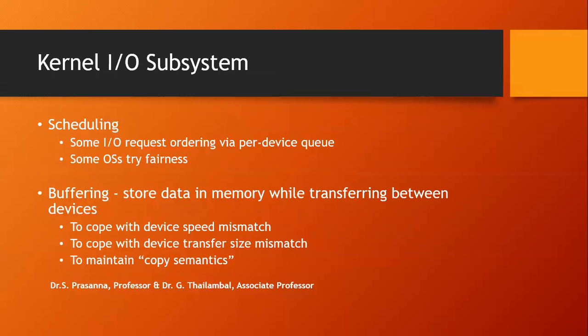The kernel IO subsystem provides scheduling and buffering. Scheduling is some IO request ordering via per device queue, and some OSs try for fairness. Buffering stores the data in memory while transferring between devices. Whenever we access the device next, the data will be taken from the buffer and shown to the user.